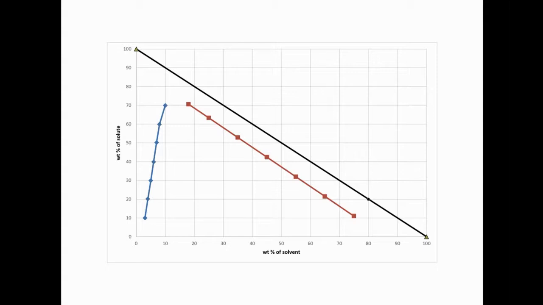Now we have to specify, and the problem statement says the feed contains 50% A and 50% B, and the solvent is 80% solvent and the solute is 20%.